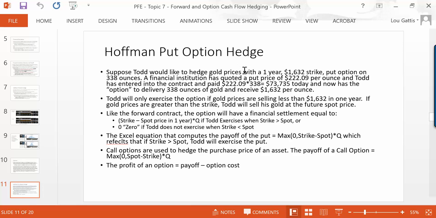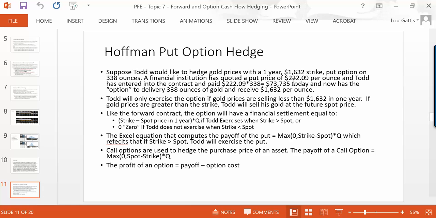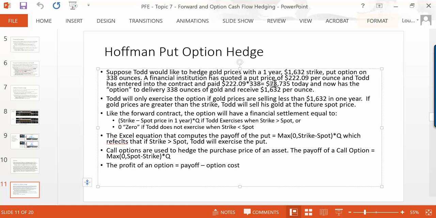And that counterparty says, I'll do that contract, but I want to charge you $222.09 per ounce of gold. Well, that means Todd will pay at the beginning of the year $773,735 for that contract.